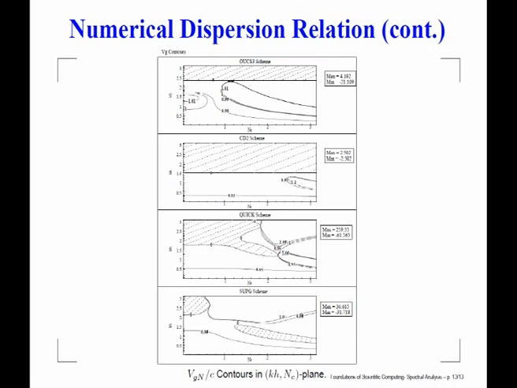What we notice is that this contour line of V g n by C, I suppose this line is 0.98. So, basically even if you look at a very small range of k h here, you have already started getting 2% dispersion. Instead of 1, it is 0.98.